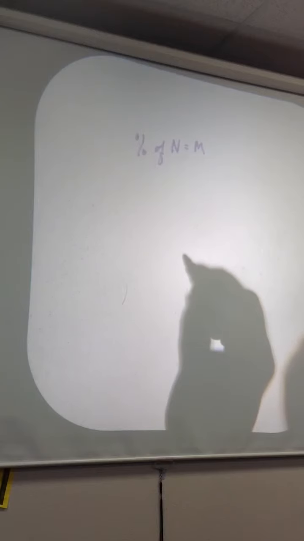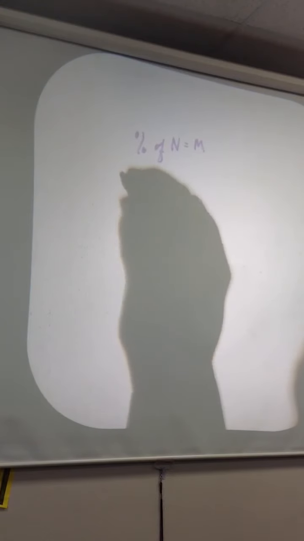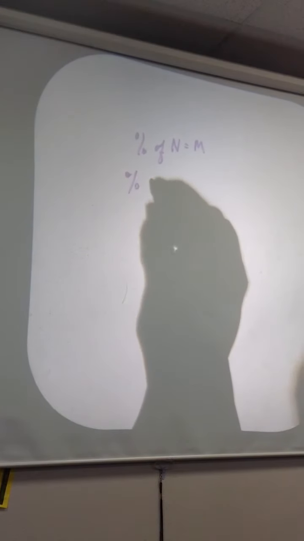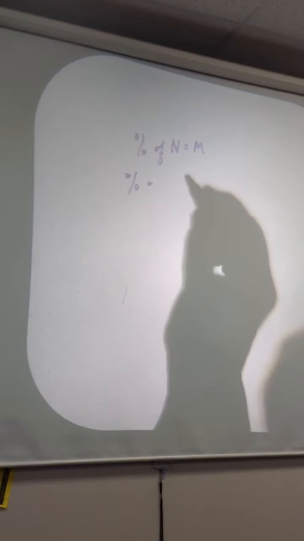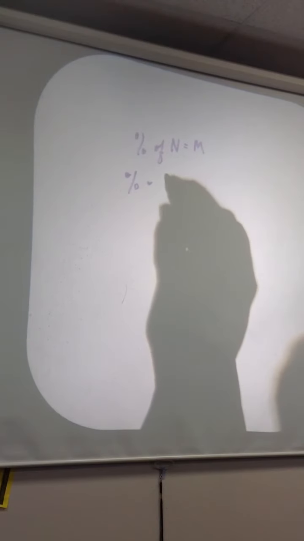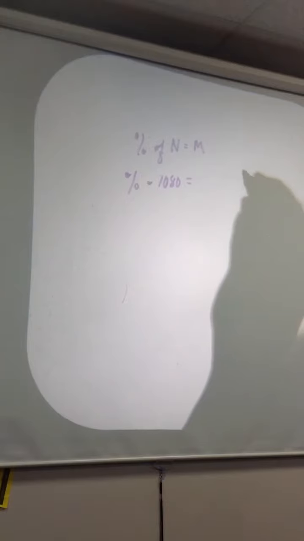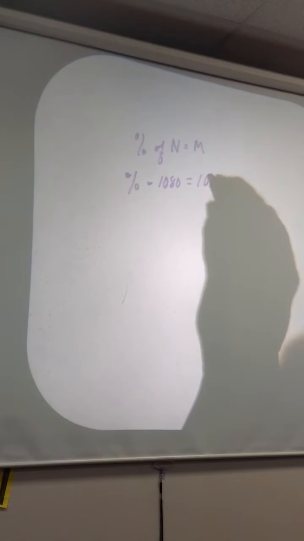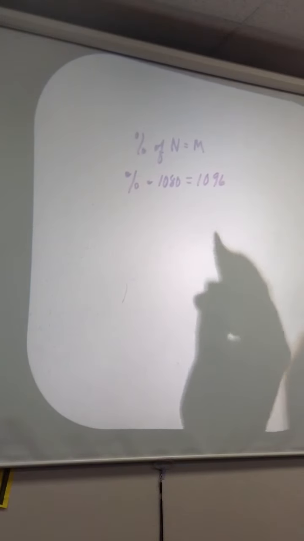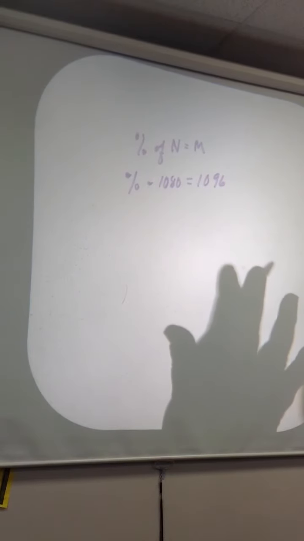If we were talking about the people in here who have more than 100%, what percent would you have if the class itself had 1,080 points and you had 1,096? That would be the problem. How would you solve it?